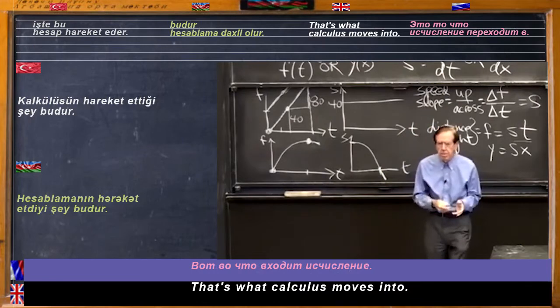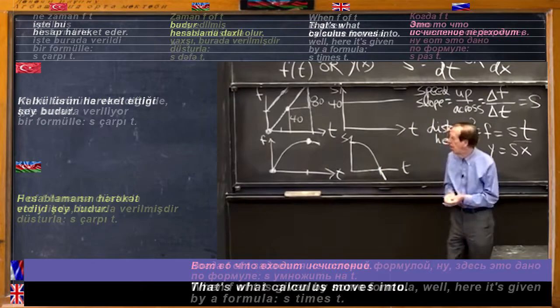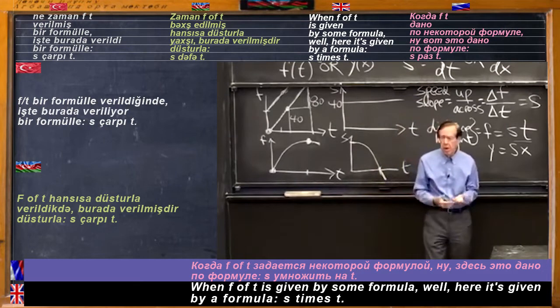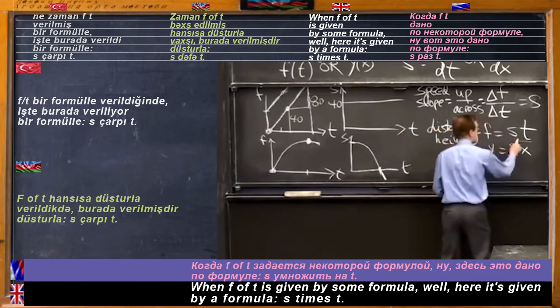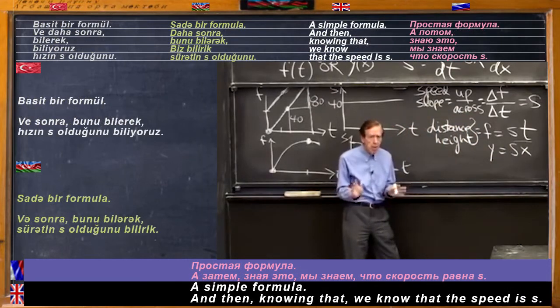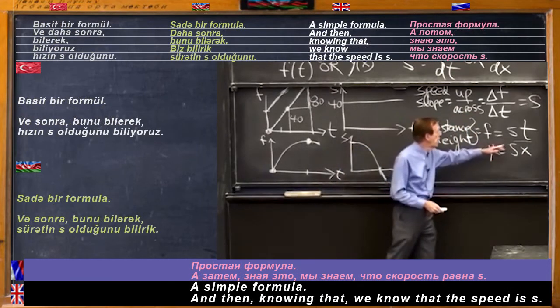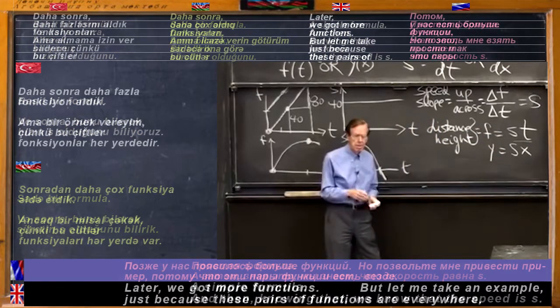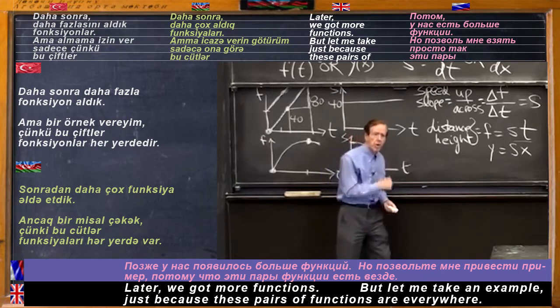That's what calculus moves into, when f of t is given by some formula. Well, here it's given by a formula, s times t. A simple formula. And then, knowing that, we know the speed is s. Later, we'll get more functions.